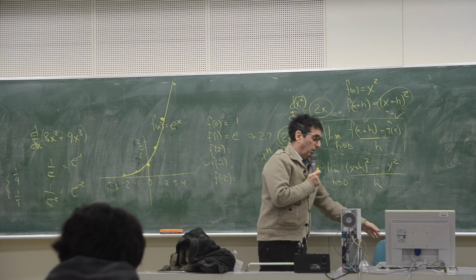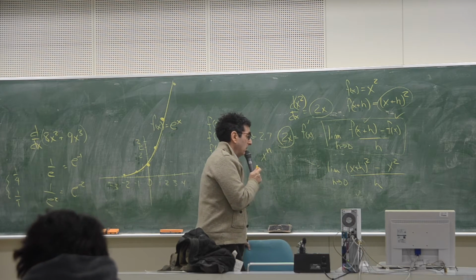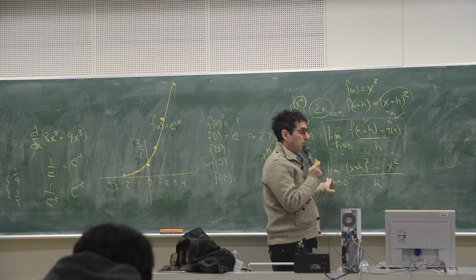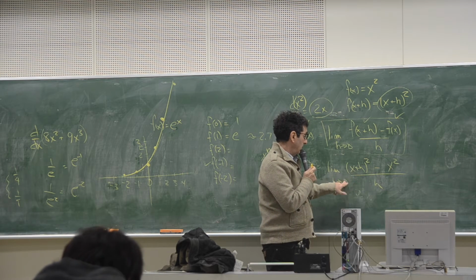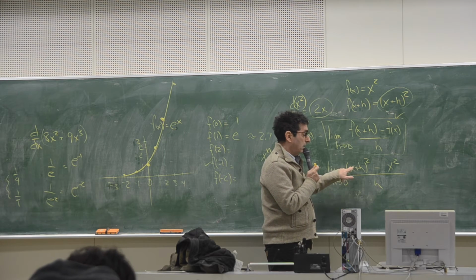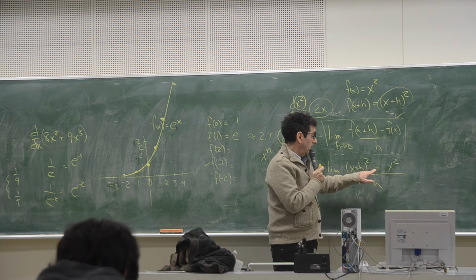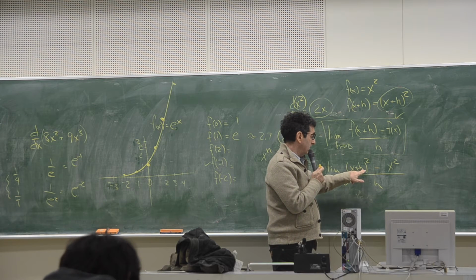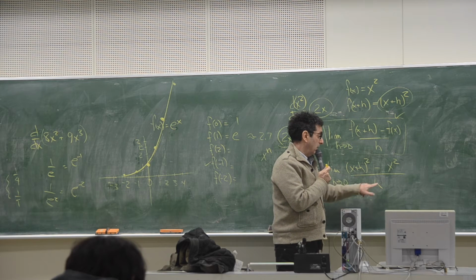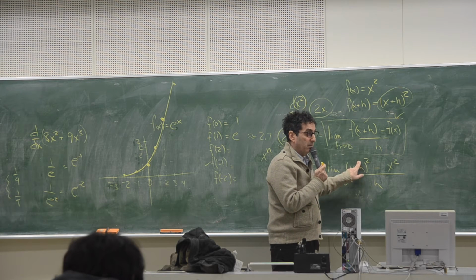Okay? I hope I get this when I finish here. Now if I just do the limit right now, we tried this before a long time ago. If we just do the limit right now, we'd put in 0 here. We'd get x plus 0 squared, which is x squared, minus x squared over 0. That's 0 over 0.